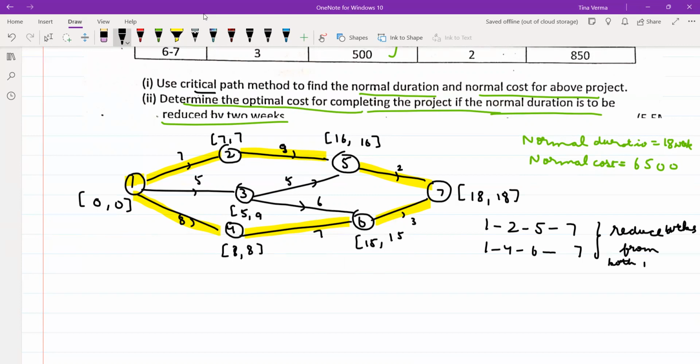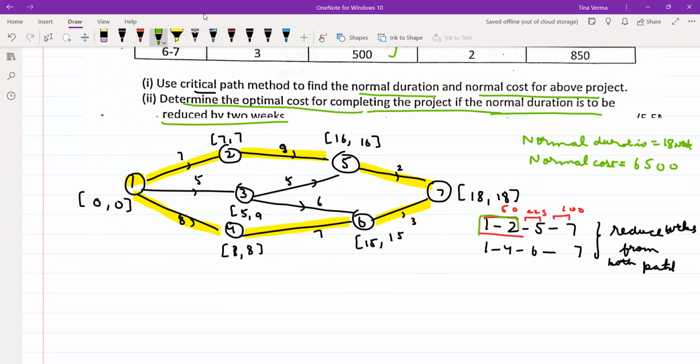Here there is no common activity, so we have to find the slope for both the paths. For this activity, the slope was coming out to be 50, for the 2 to 5 activity, the slope was 225, and for the 5 to 7 activity, the slope was 100. So for this path, the slope of 1 to 2 is minimum.